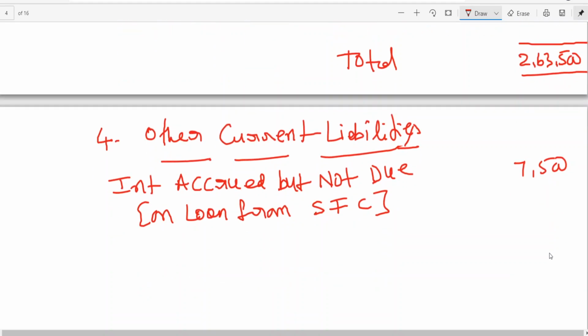The next item, dividend payable. What was the dividend payable? We have seen there 60,000.